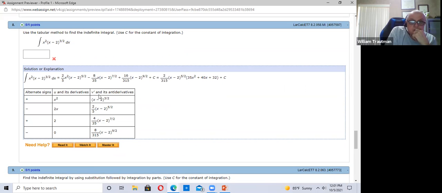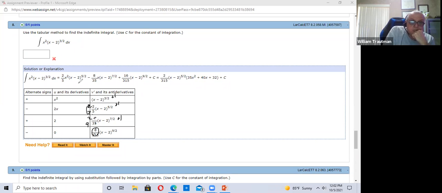You see they're integrating, you just add 1. 5 over 2, then you go 5 and flip up the 2. Add 1, so now you have 7 over 2. Put a 7 down here and 2 on the bottom, so you end up with 35. Add 1, you get 9 over 2, so multiply by 9, put a 2 up there, and this is what you get.